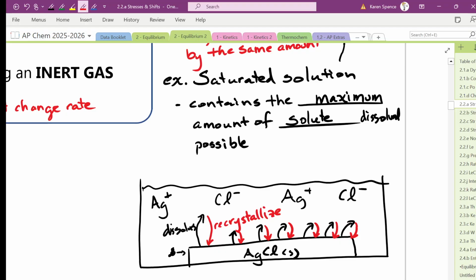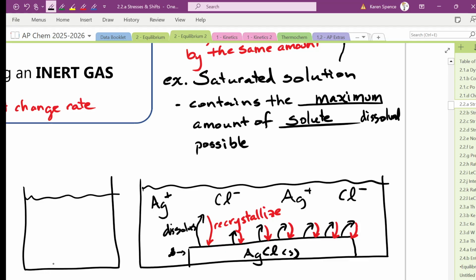As opposed to a smaller surface, where you'd be like, oh, that's the only place that can happen. So if you increase the surface area, you're increasing the forward rate and you are increasing the reverse rate by the same amount.